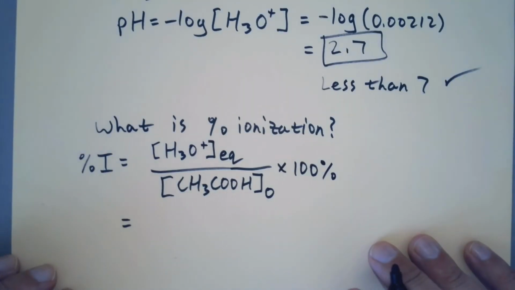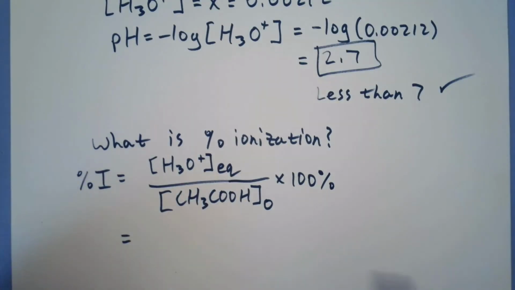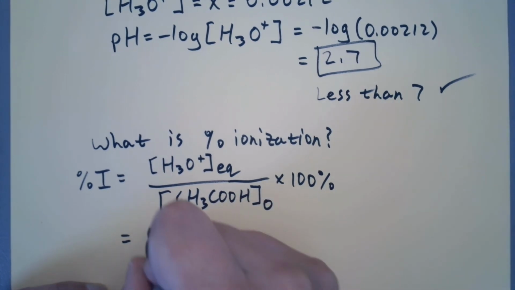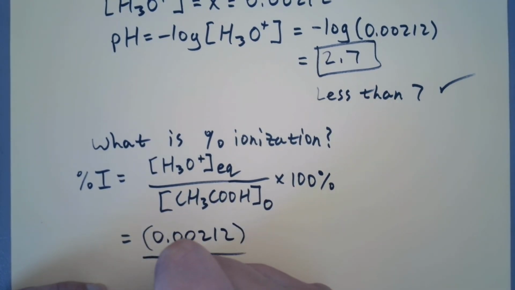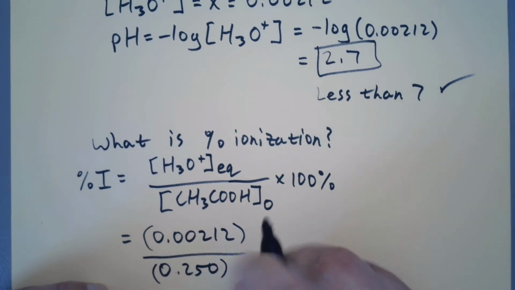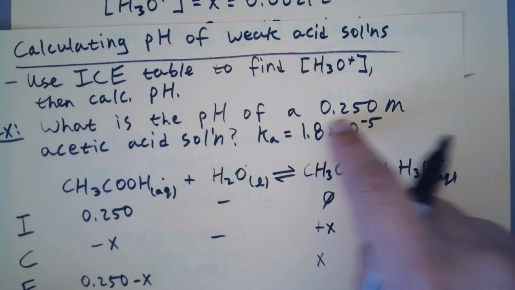So there's our equilibrium concentration for H3O plus, 0.00212. We started with 0.250 molar CH3COOH, right? Like that was right here.